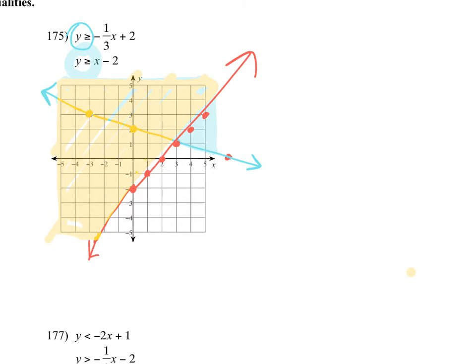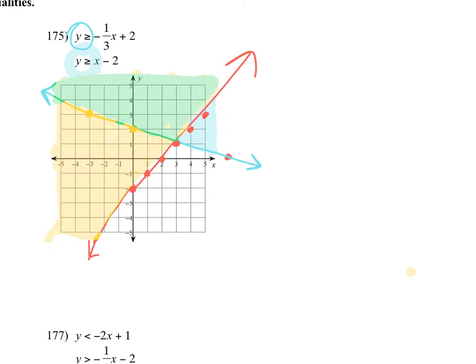And your shaded should actually be green. When you overlap, this section should actually end up being green because blue and yellow will make green. So in this section, I suggest highlighters.